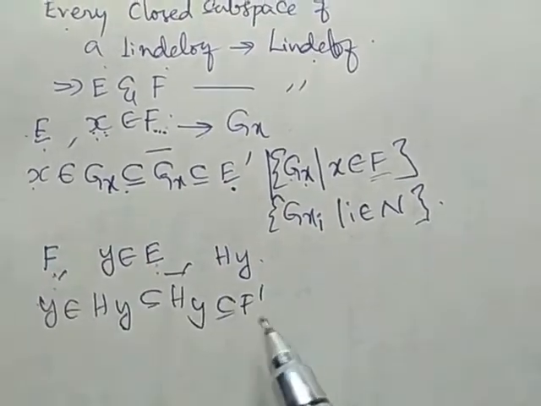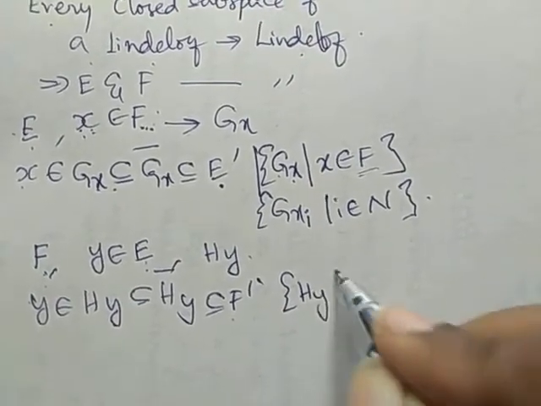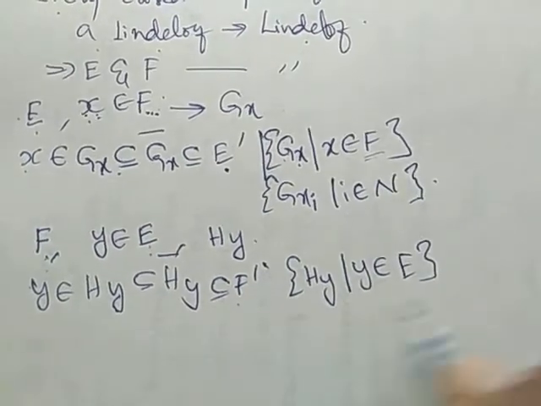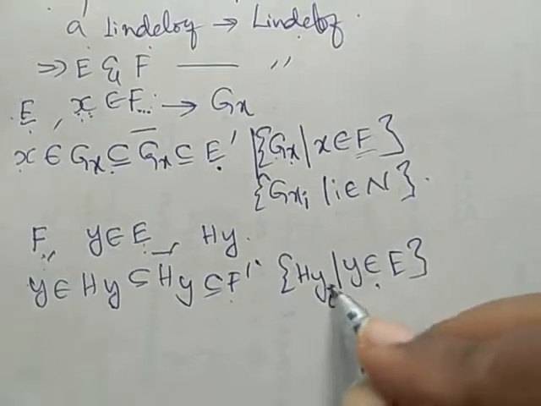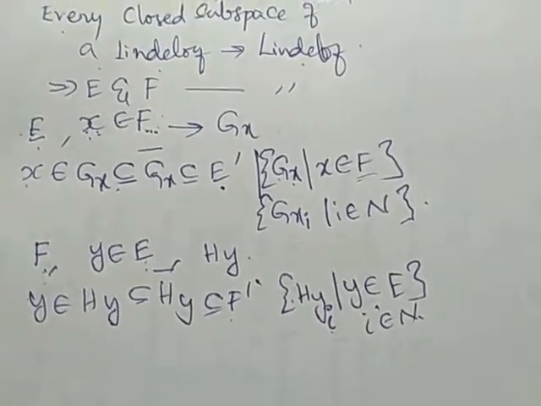F is closed, therefore F dash is open. Also, Hy, whenever y belongs to E, is an open cover for E and it has a countable subcover. Therefore, I can write it as Hyi, whenever i belongs to N.